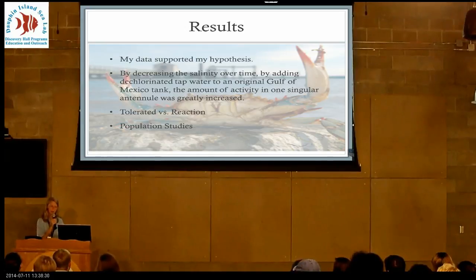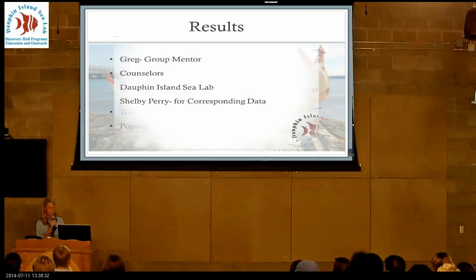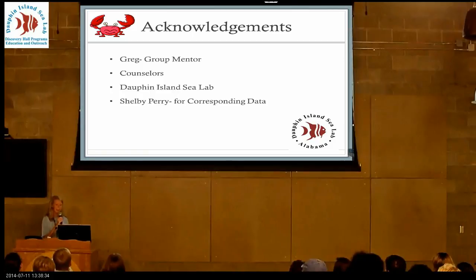My results, my data definitely supported my hypothesis. By decreasing the salinity over time, by adding dechlorinated tap water, the amount of activity in one singular antennule was greatly increased. Again, they can tolerate fresh water, but at the same time, they do have different reactions to it.